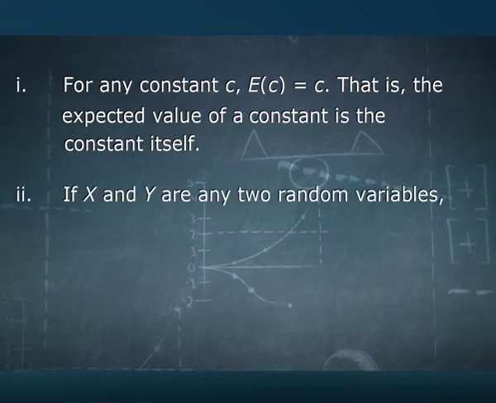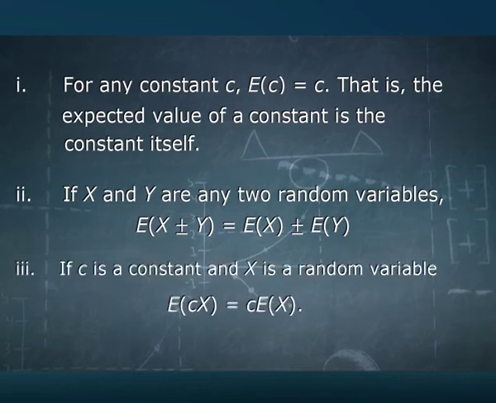Second thing, if capital X and Y are any two random variables, then expected value of X plus or minus Y will be equal to expected value of X plus or minus expected value of Y. That is, the expectation of the sum or the difference of two random variables is equal to the sum or difference of their expectations.